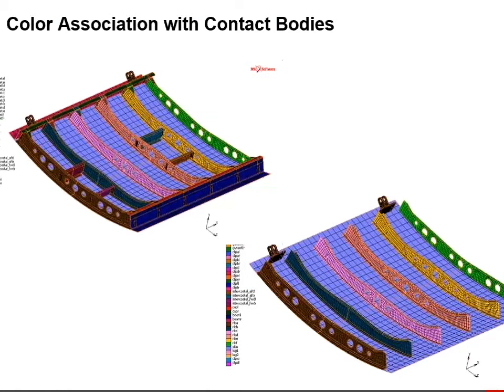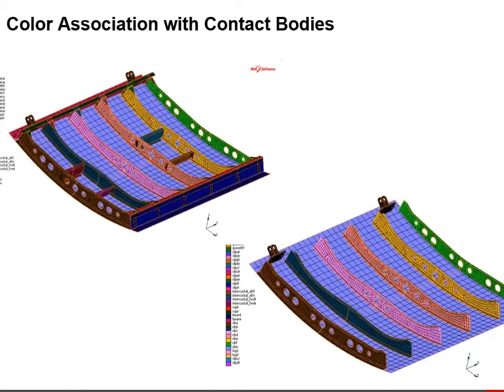Another advance on visualization has to do with associating a color with a contact body. So in this problem of a landing gear door, we have lots of bodies, and it used to be depending on what you had selected for visualization, either through the select option or through the model browser option, the colors would change on you.